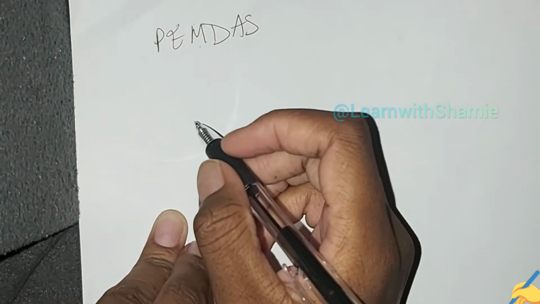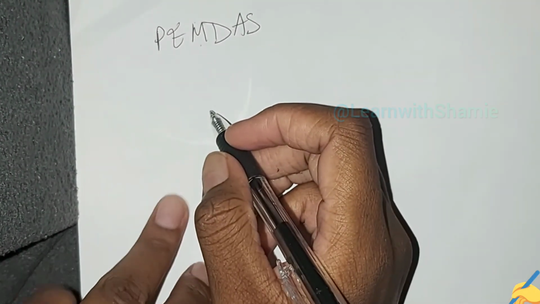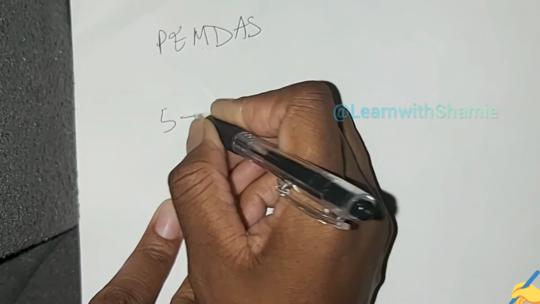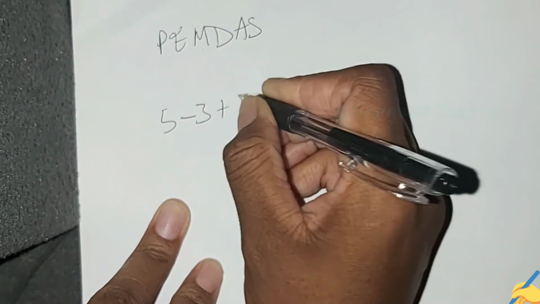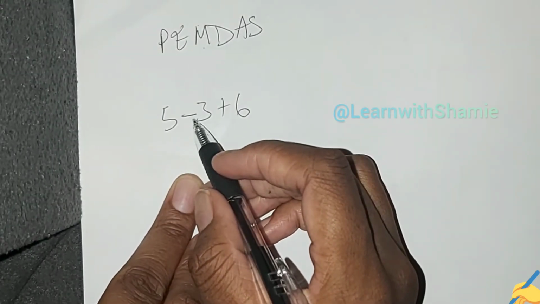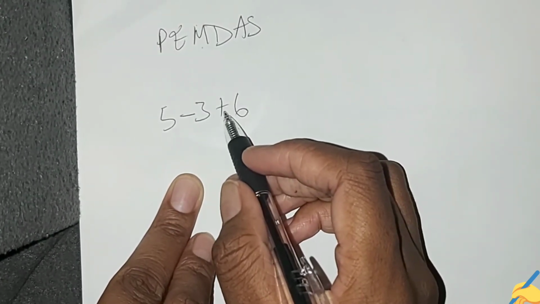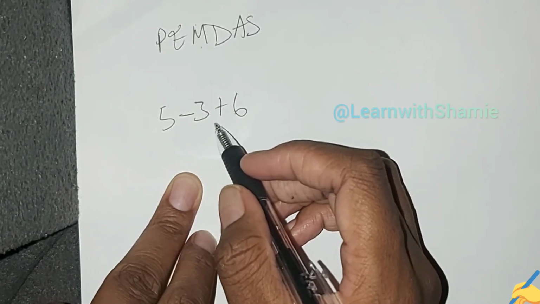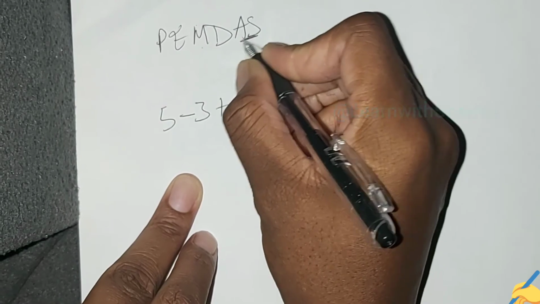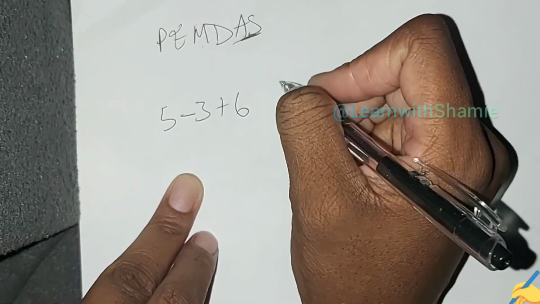I'm going to show you two final examples. So in the equation 5 minus 3 plus 6, we have addition and subtraction operations to be carried out. These are of equal importance.